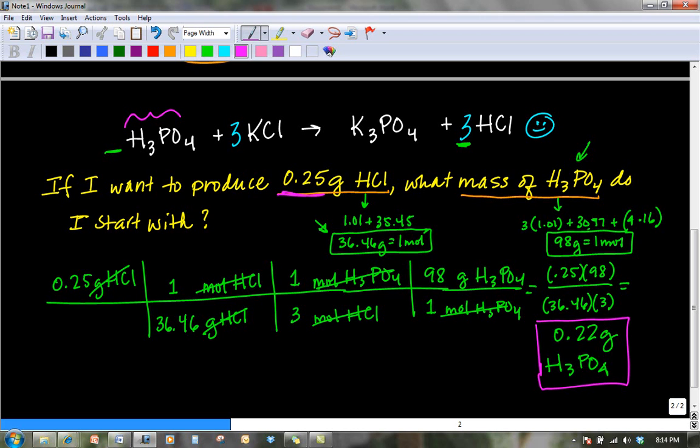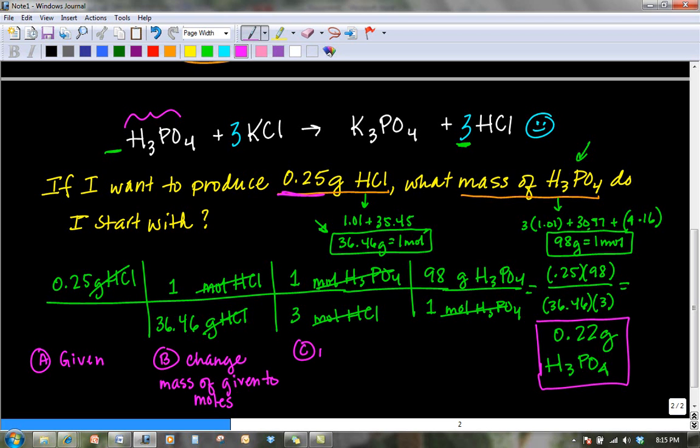So let's just review what we did here. Step A, we wrote our given. Step B, change the mass of the given to moles.